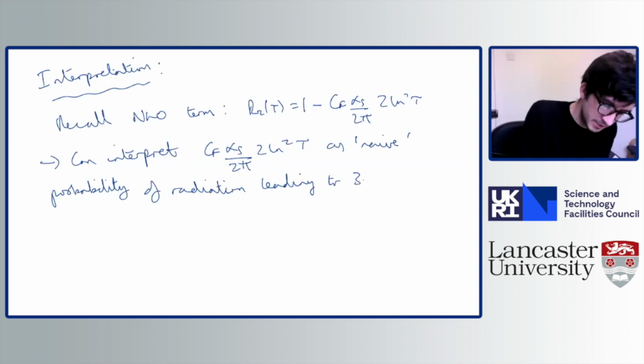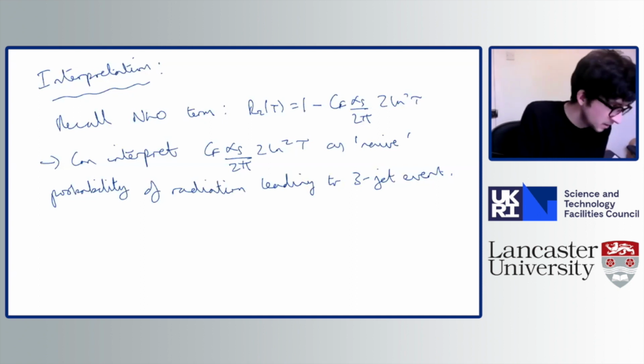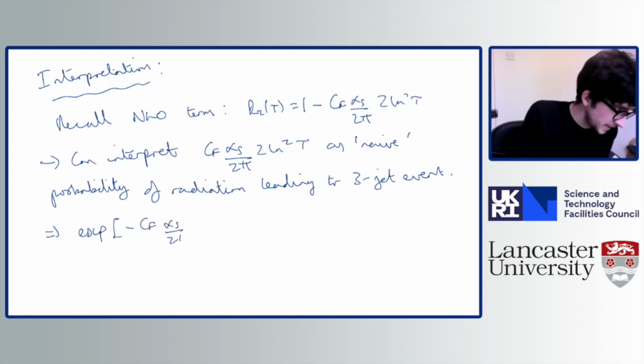So obviously 1 minus that thing is the 2 jet rate, and therefore that thing is the 3 jet rate, and it's either 2 or 3 jet like at this order. And so in other words, this thing I've just told you, this exponential of minus CF alpha S over 2 pi, that's the thing we get. It's precisely that.